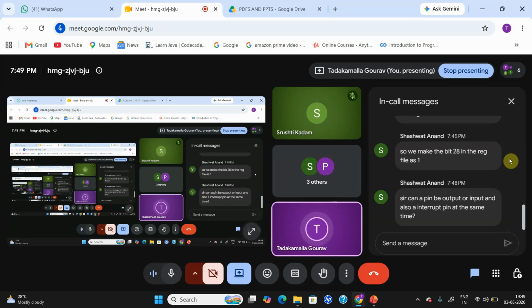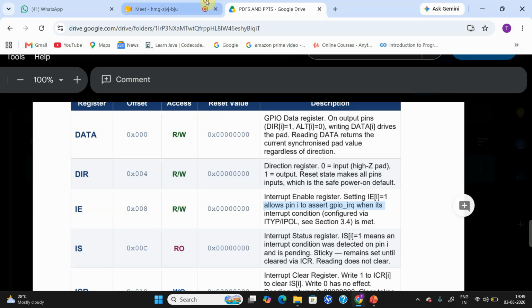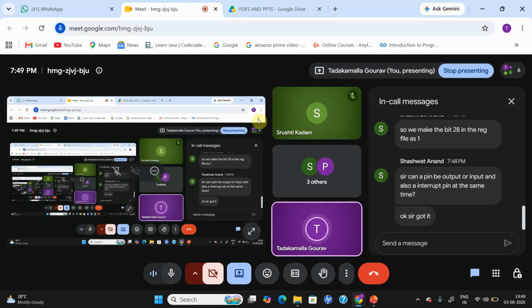And if your pin wants to act as an interrupt, it definitely should be an input only, because interrupts are inputs to your design, not outputs. I will show you what I mean by this interrupt and how the processor understands interrupts, and I will explain it.